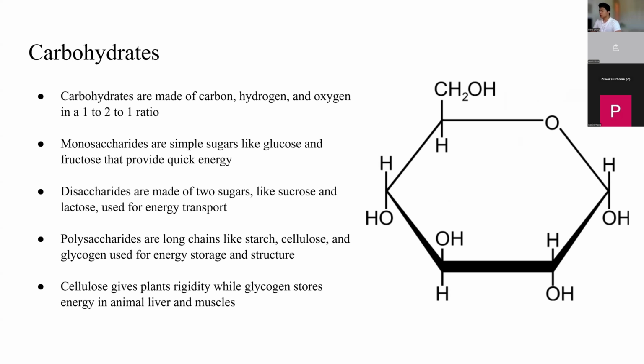These include sucrose, lactose, and are used for energy transport. Polysaccharides, meaning multiple saccharides, are long chains like starch, cellulose, and glycogen used for energy storage and structure. Cellulose gives plant cells in the cell wall rigidity, while glycogen stores energy in animal liver and muscles.